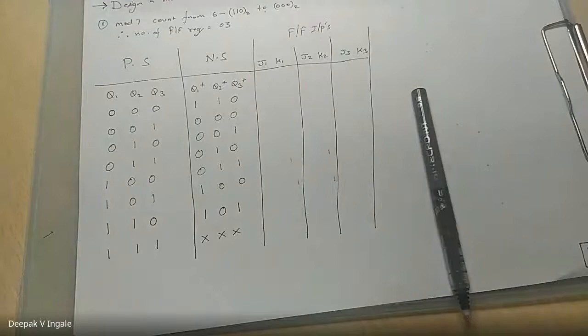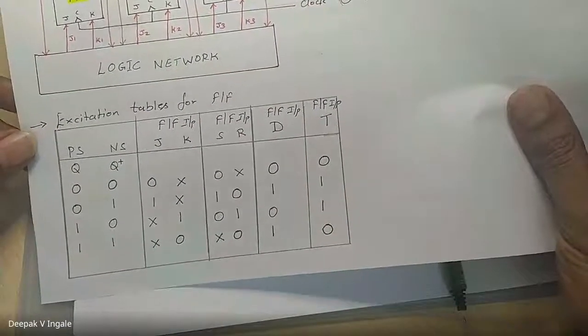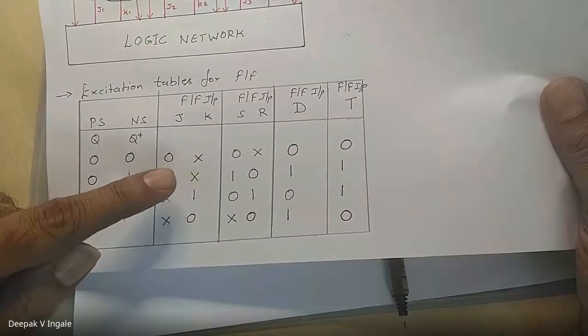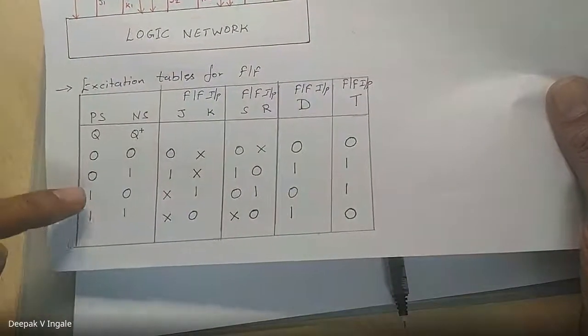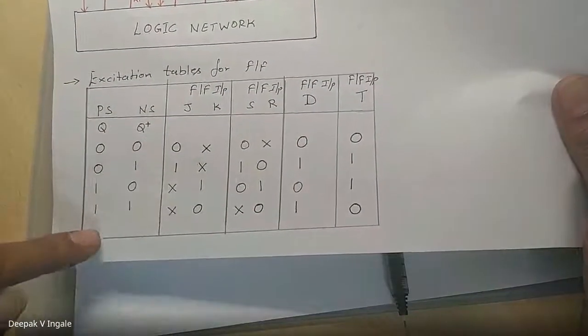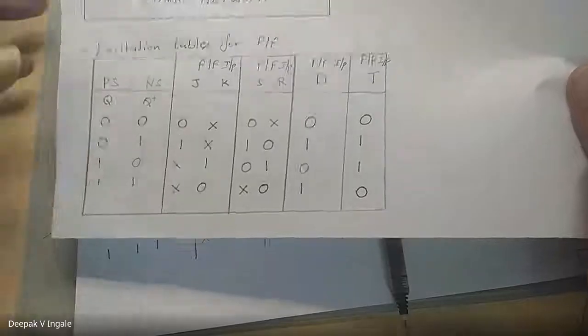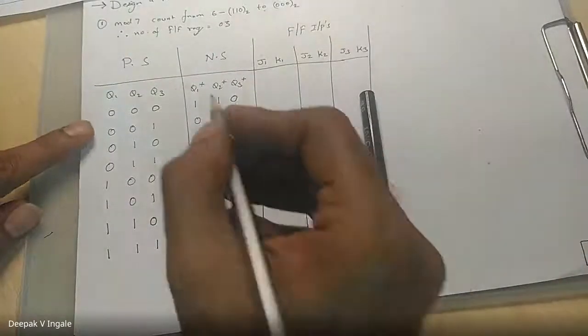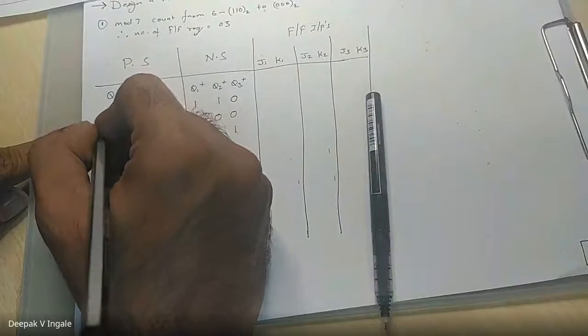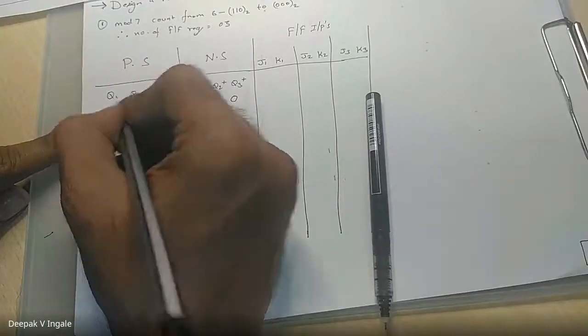Please concentrate looking at the excitation table. If it is 0 0, the excitation input should be 0 x. 0 1, it should be 1 x. 1 0, x 1. 1 1, x 0. So we will be writing for J1, K1, meaning we will have to select this column.